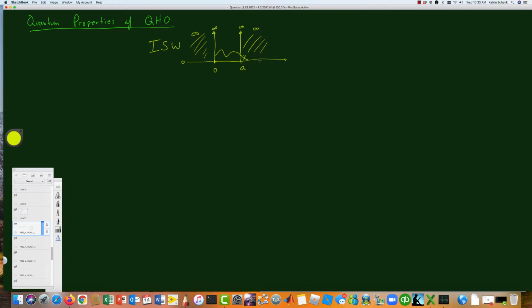But if it was, then you know that psi squared, which of course is psi star psi, is the probability density of finding the particle outside.